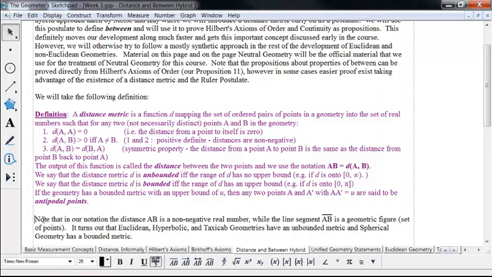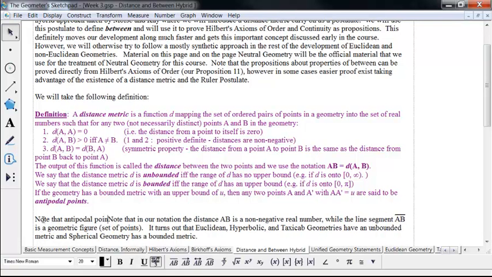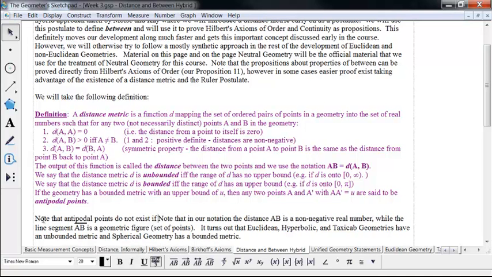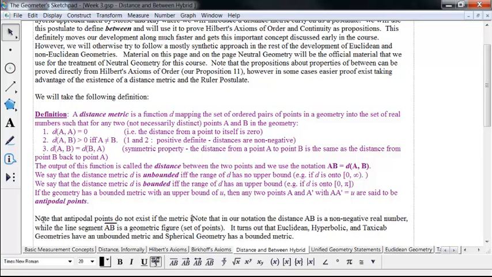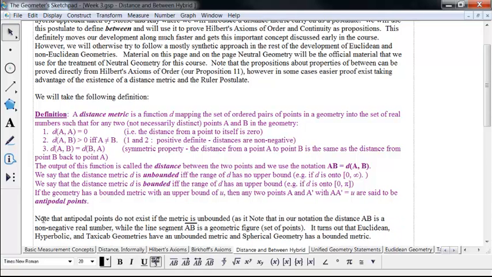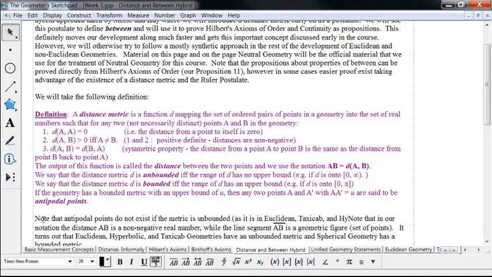So let's note that antipodal points do not exist if the metric is unbounded, as it is in Euclidean, taxicab, and hyperbolic geometries.